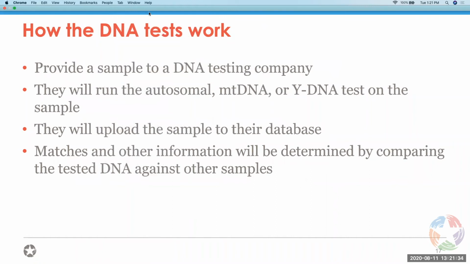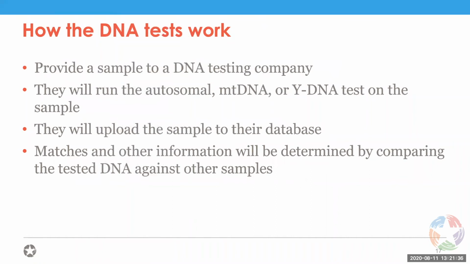So DNA tests can be purchased through different companies. The user will provide a sample to a DNA testing company, and they will run the autosomal, mitochondrial DNA, or Y DNA test on the sample depending on the test you choose. Most companies run an autosomal test.